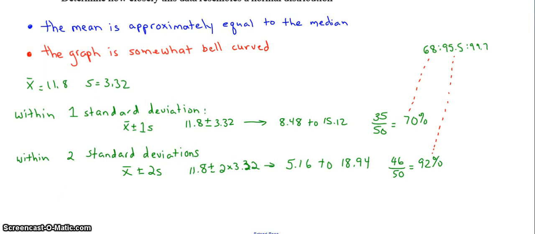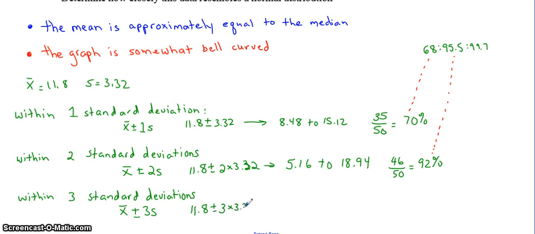Within 3 standard deviations, what we'd be doing is taking 11.8 and adding and subtracting 3 times 3.32, and that would give us an interval of 1.84 to 21.76.